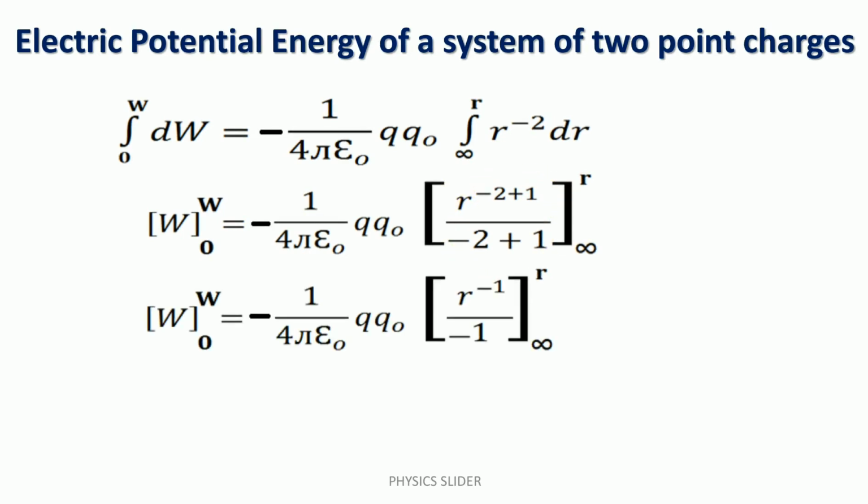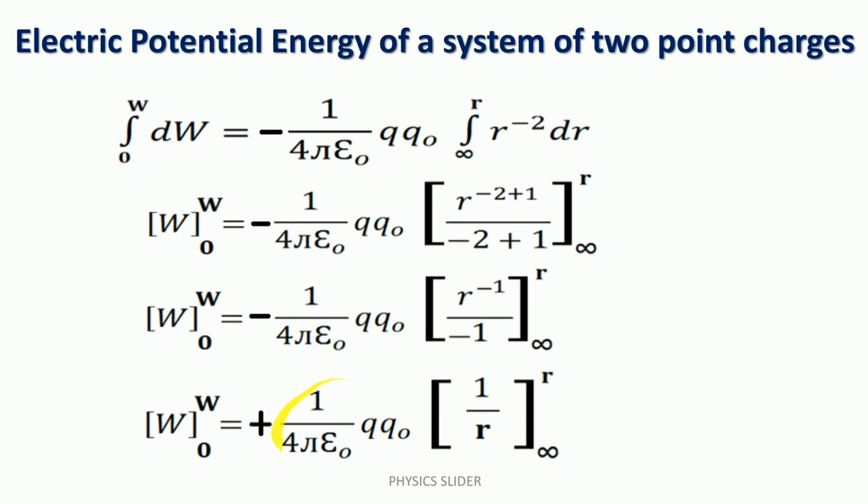So we will have r raised to the power minus 1 and in the denominator minus 1. This minus 1 when multiplied with the negative becomes positive, and we get plus 1 upon 4 pi epsilon naught Q Q naught, and r raised to the power minus 1 can be written as 1 upon r.